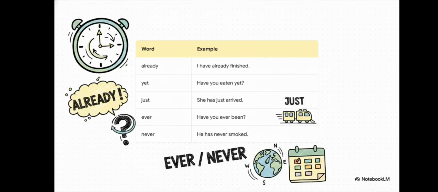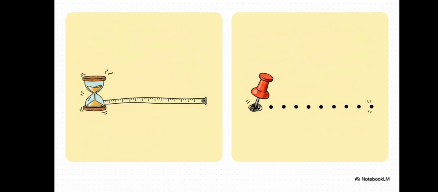These words are literal triggers for the tense. Keep an eye out for them. Now here's a really interesting grammatical contrast. For versus since. Honestly, these two little words confuse learners constantly. So we use for when we're talking about a period of time, a duration, for 2 hours, for 3 days, for a long time.